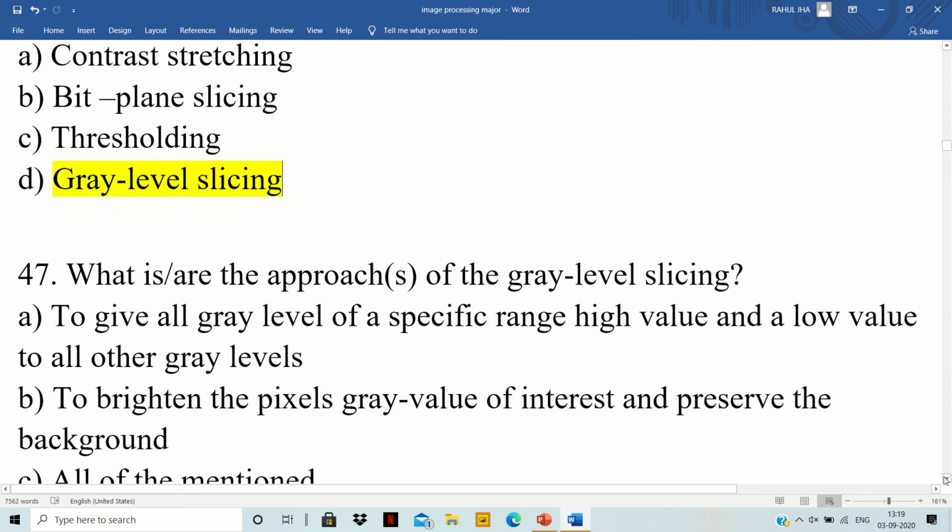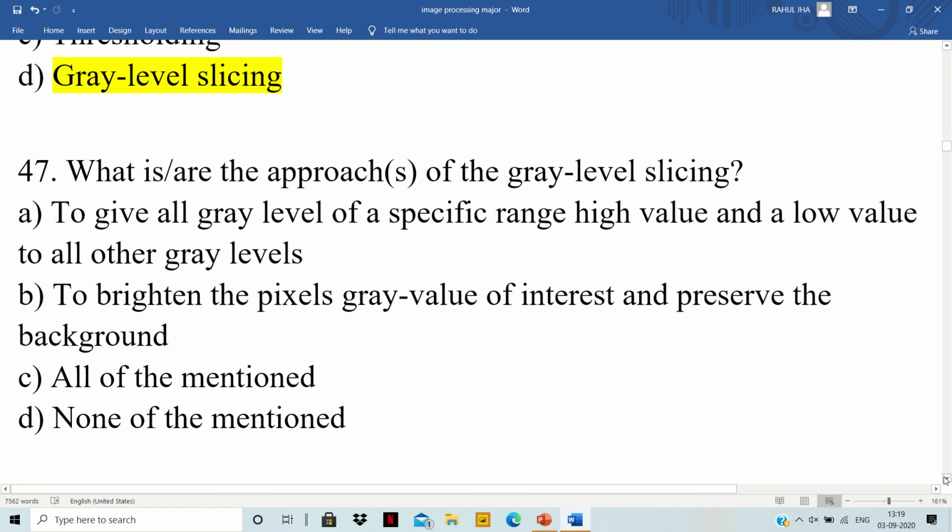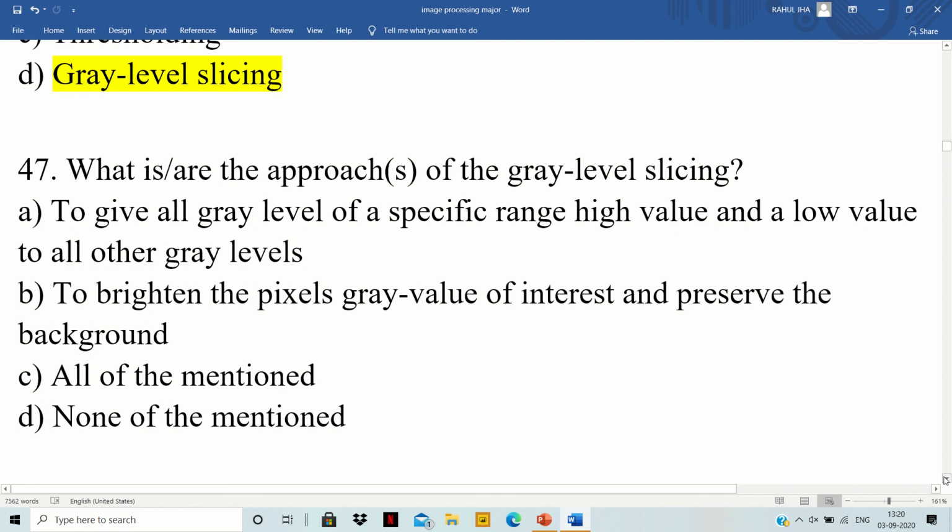What are the approaches of gray level slicing? A, to give all gray levels of a specific range a high value and a low value to all other gray levels; B, to brighten the pixel gray value of interest and preserve the background; C, all of the mentioned; D, none of the mentioned.